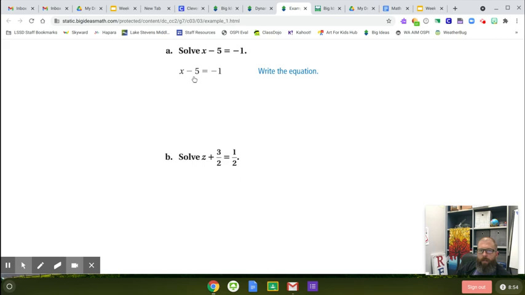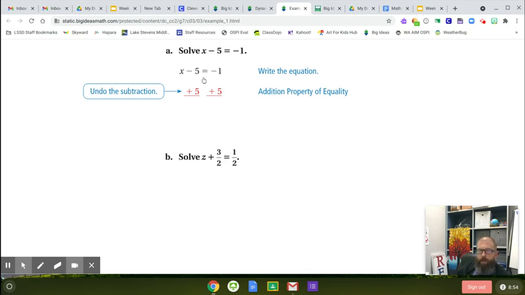The first step is to just write the equation on your paper. So we have x minus 5 equals negative 1. We need to get x all alone. We want x to be by itself. The opposite of subtraction is addition, so if I do something to one side, I have to do it to the other. In order to undo this subtraction, I'm going to add 5, because minus 5 plus 5 makes 0.